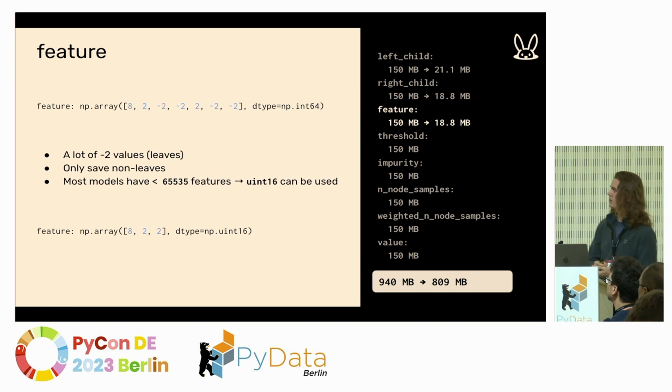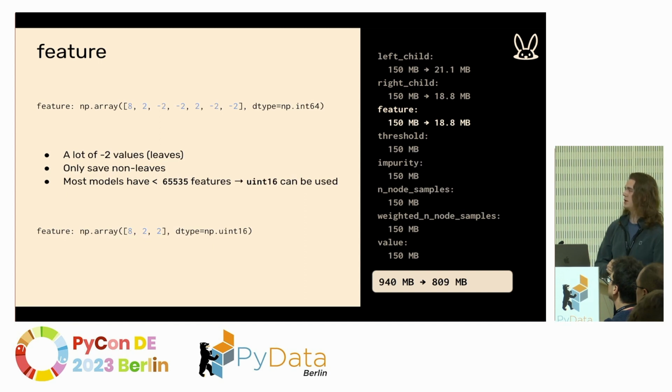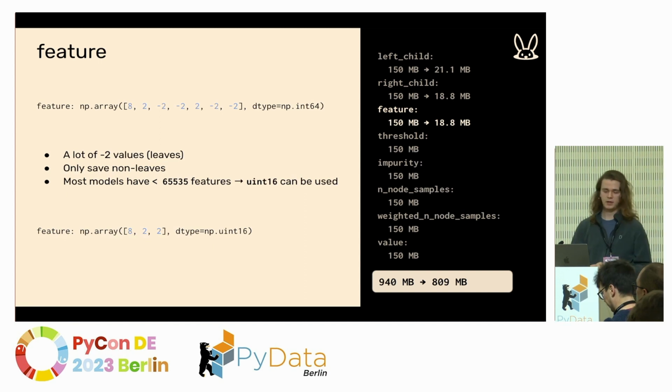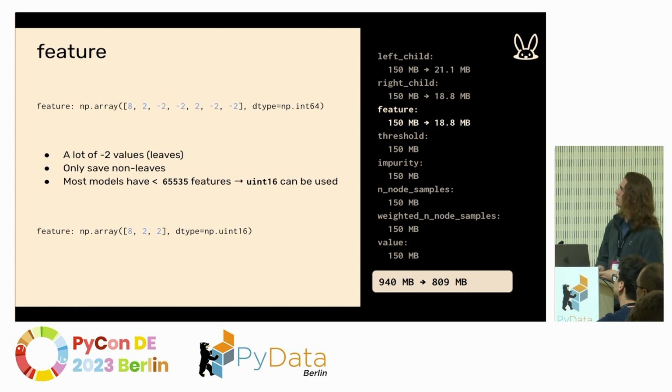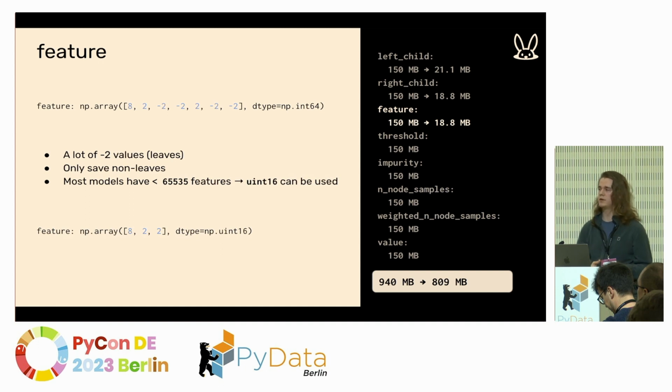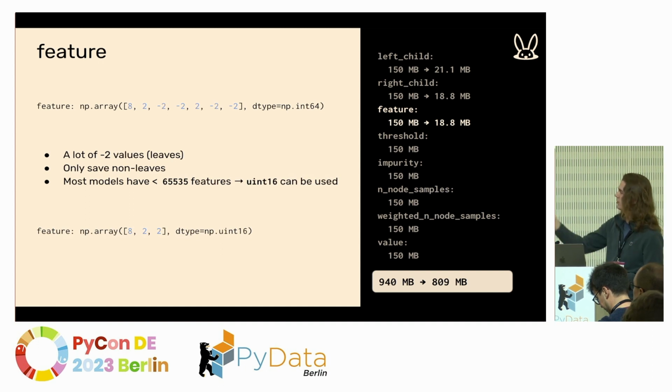And like before, most models have less than 65,000 features, so here we can also just use unsigned int16. Therefore, we go down to 18.8 megabytes. And with that, from our 1,200 megabytes from before, we go down to 800 megabytes already.